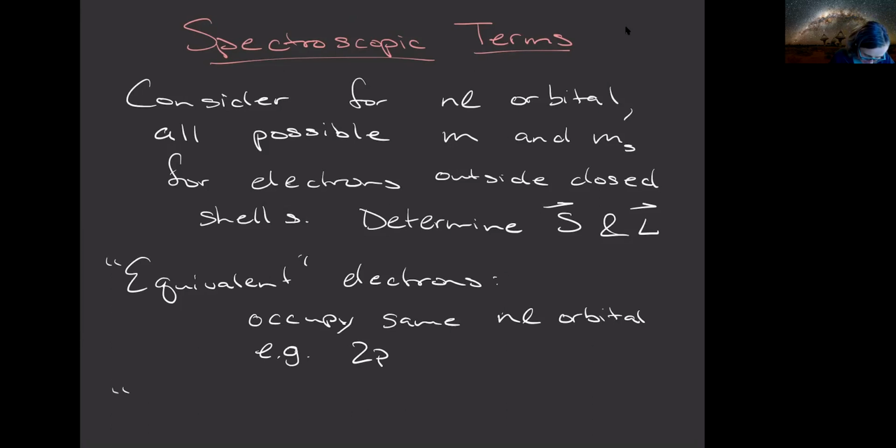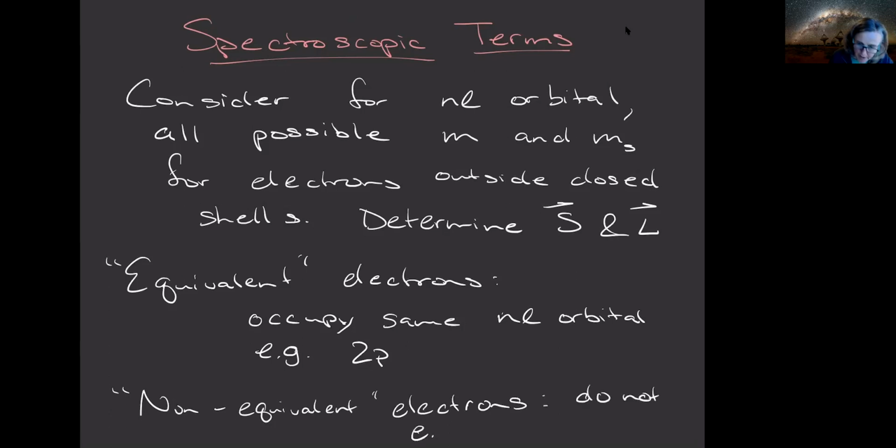Non-equivalent electrons do not occupy the same nl. An example there might be 1s, 2s: an electron in the n equals 1, l equals 0 state, and the n equals 2, l equals 0 state.